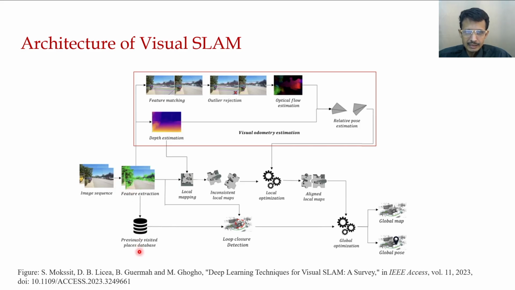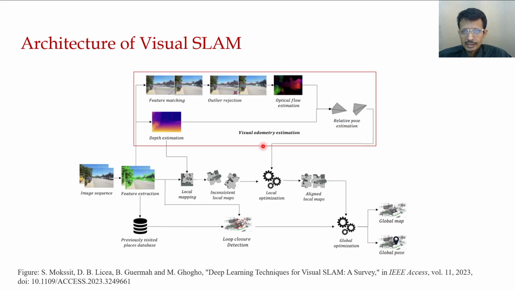Sometimes features go to the previously visited places database for loop closure, and before coming to the back end, there is feature matching, then outlier rejection and optical flow estimation, which gives a relative pose estimation, and sometimes depth estimation is also done before this.